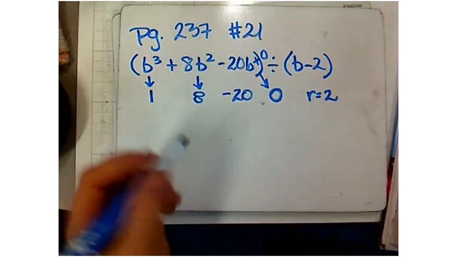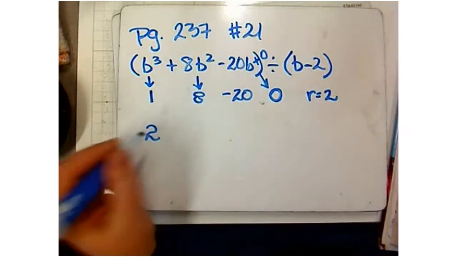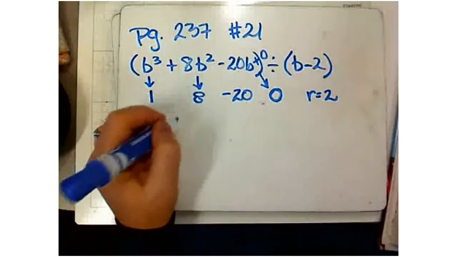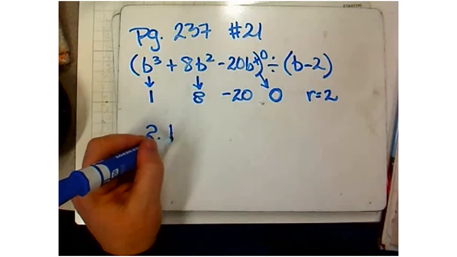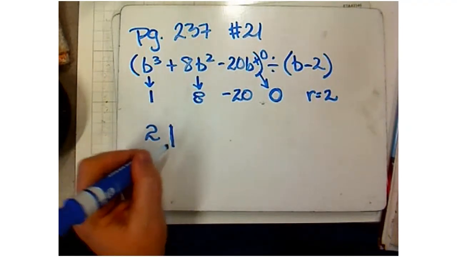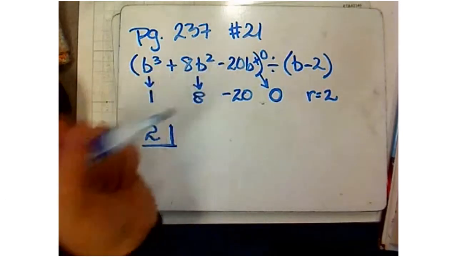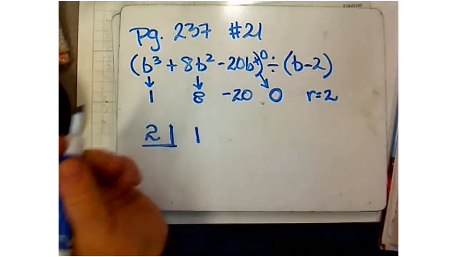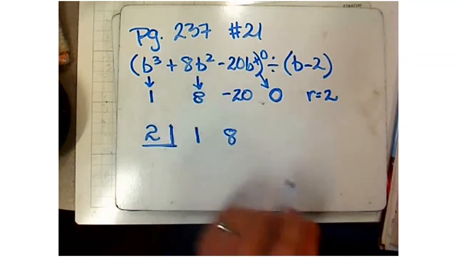Let's set this up. So on your Brailler, or in print, you're going to put a 2, and then a 4, 5, 6, or a long bar or long division, upside down long division. Put a space. Now start putting your coefficients. So you're going to need a 1, and a space, and an 8.